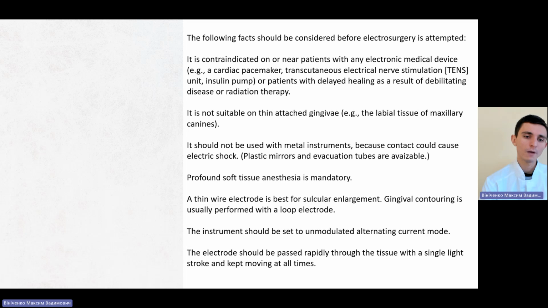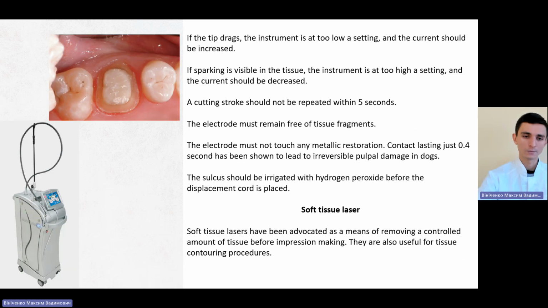A thin wire electrode is best for sulcal enlargement. Gingival contouring is usually performed with the loop electrode. The instrument should be set to unmodulated alternating current mode. The electrode should be passed rapidly through the tissue with a single light stroke and kept moving at all times.